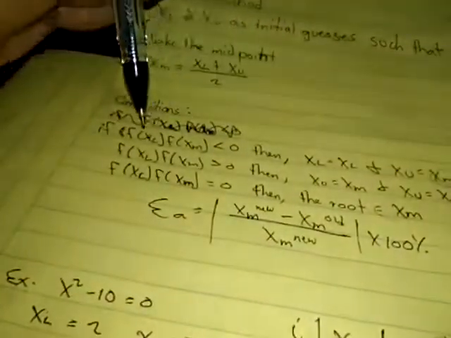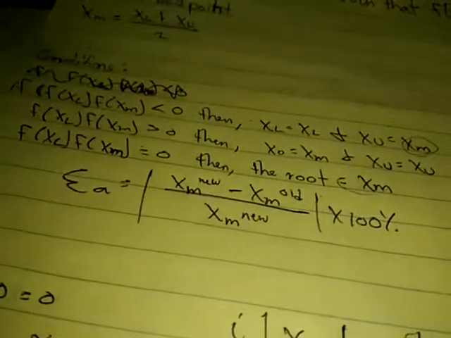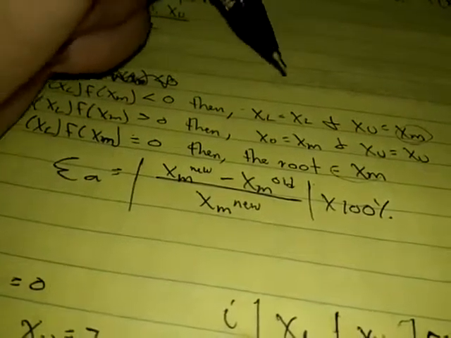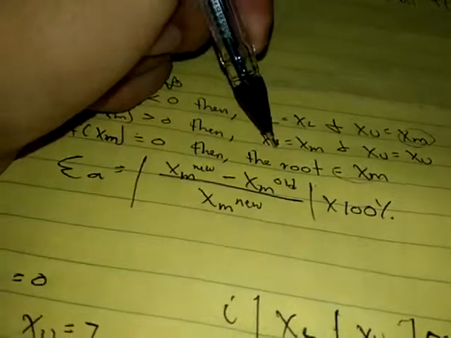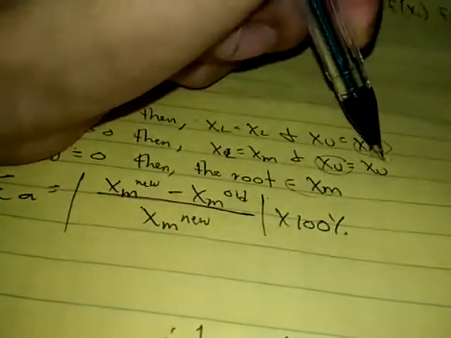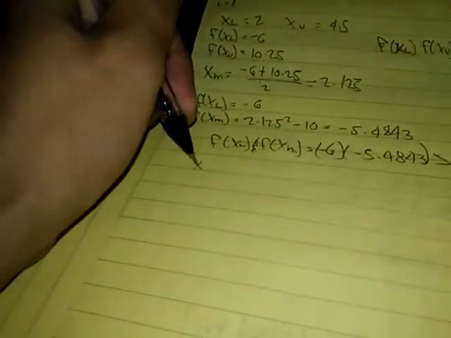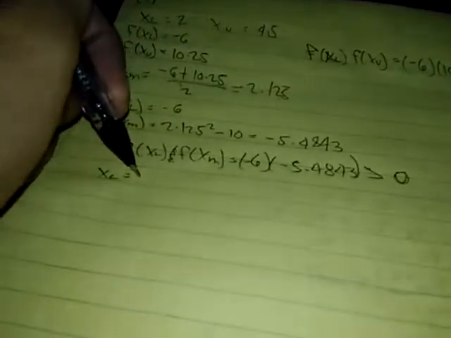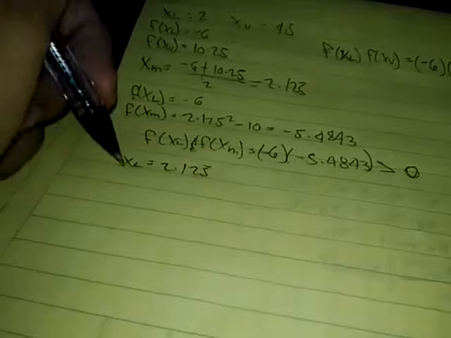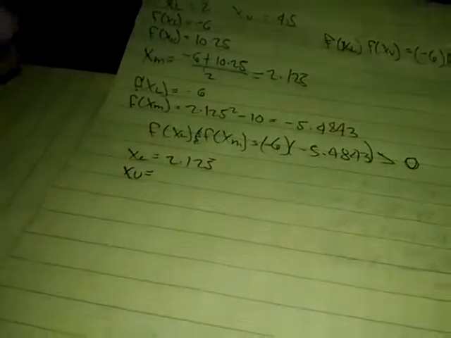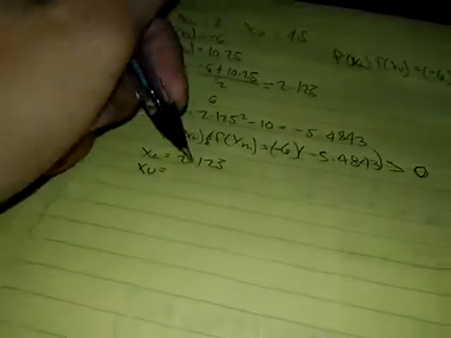So, yung kanina, greater than 0, so yung xl is equals to xm. Tapos yung xu is equals to xu pa rin. So xl is equals to the value of midpoint, xm 2.125. Then xu remains 4.5.